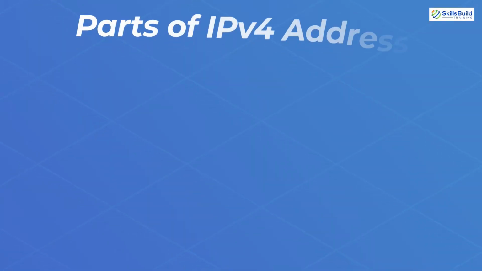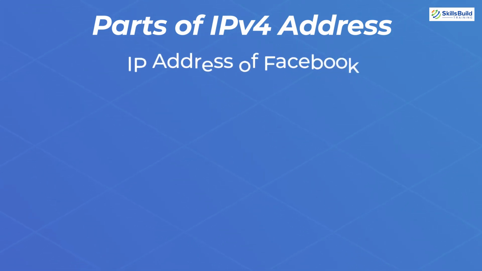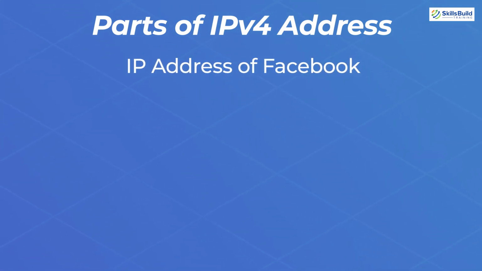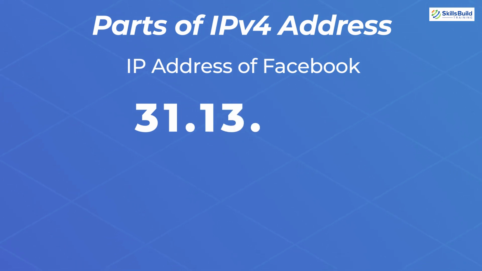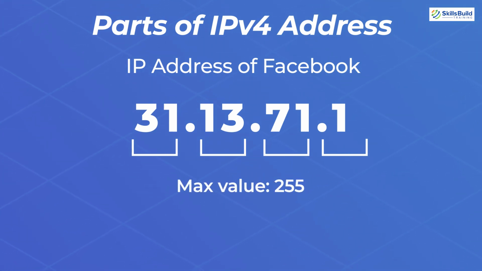If we talk about different parts of the IP address, we have 4 sections in an IPv4 address. For example, we have an IP address of Facebook which is 31.13.71.1, and here we have 4 parts of it, and every part is separated with a dot from the other, and the maximum value in each part can be 255 and the minimum can be 0.